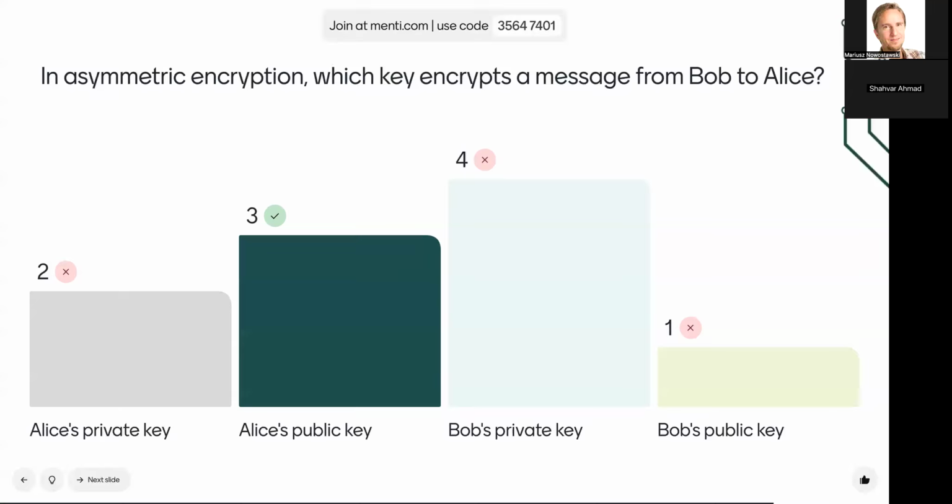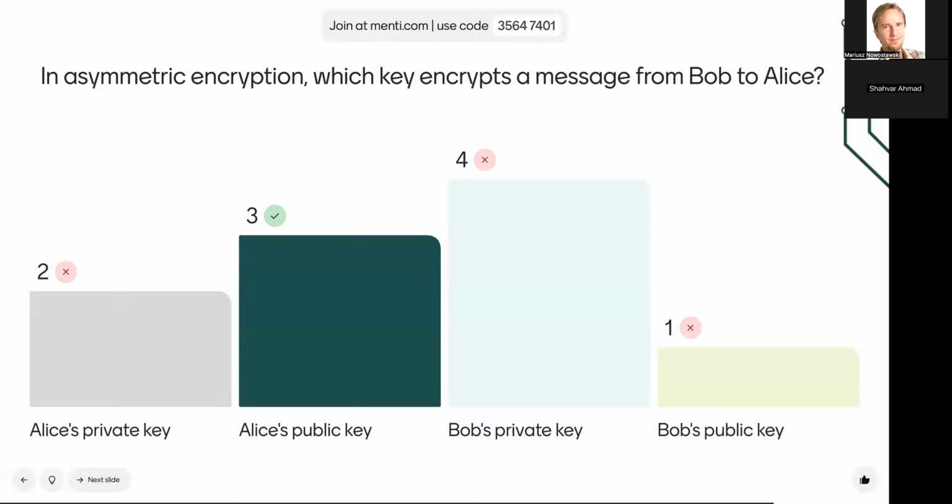So now if Bob has a message, and he wants to send it such that only Alice can read it, that means Alice has to know something nobody else knows to be able to decrypt it.